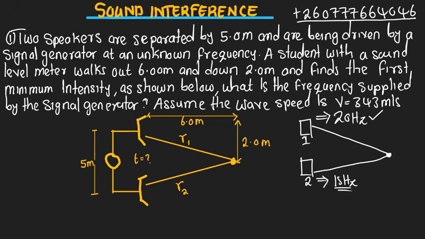The two will not cancel each other, they will not subtract, they will add. So it's going to be 20 plus 15 hertz, and collectively you're going to produce something like 35 hertz. So you are going to hear a very loud sound, because there is cooperation in terms of the sound waves being produced. That is what we call sound interference. It's a very simple concept.